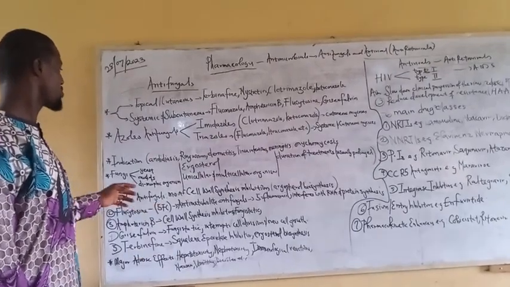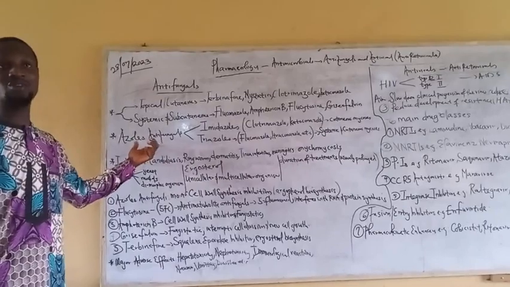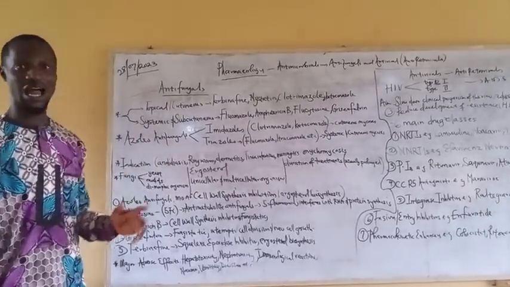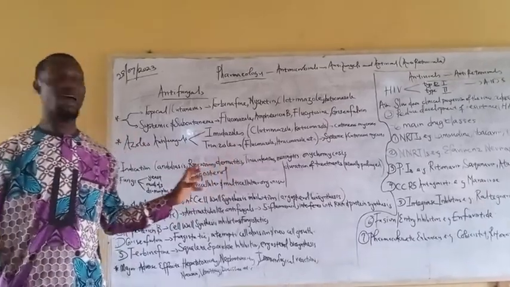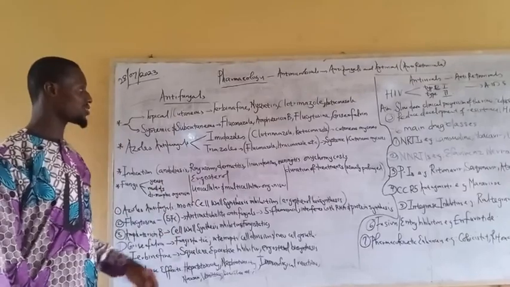It's important for us to know that we can also look at another subgroup called azole antifungals. Azole antifungals will include all the drugs that end with azole. They are either the imidazoles or the triazoles.